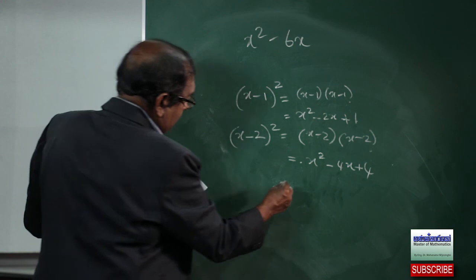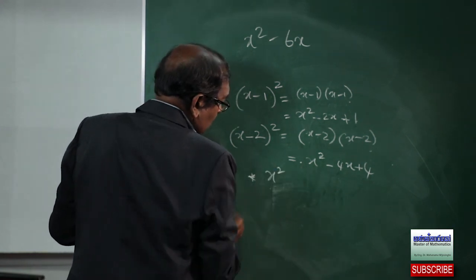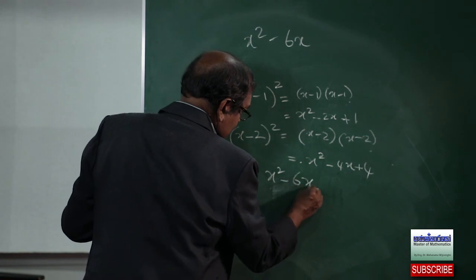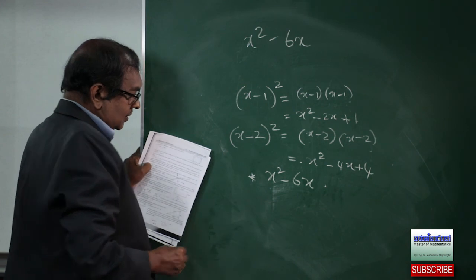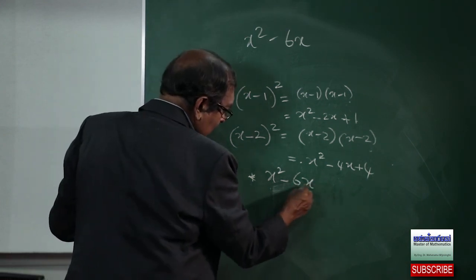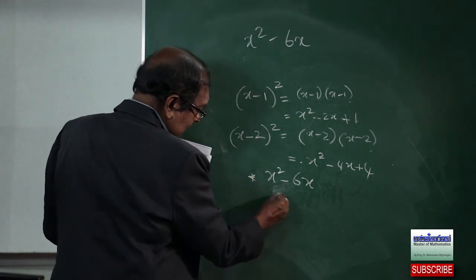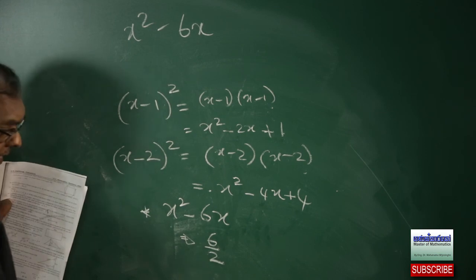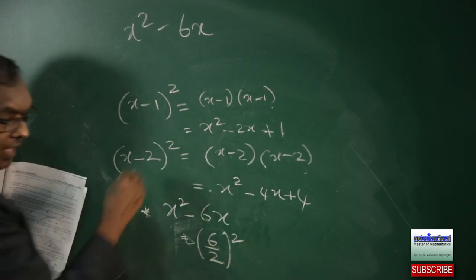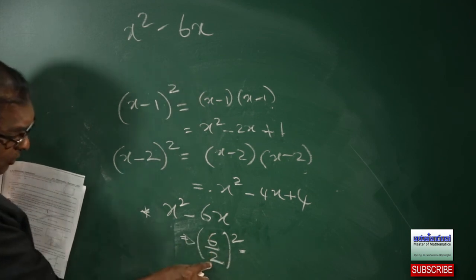Then if we think the value like x squared minus 6x to be a perfect square, what is the value we have to add here? This should be half of that, and we have to get the square. What is the half of that? 6 divided by 2, 3.